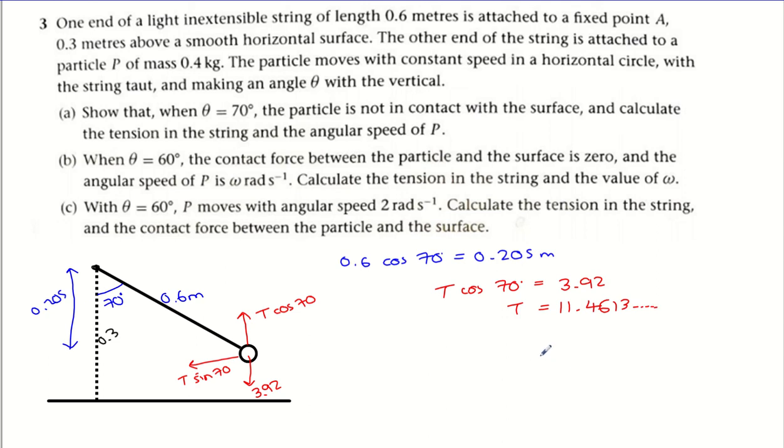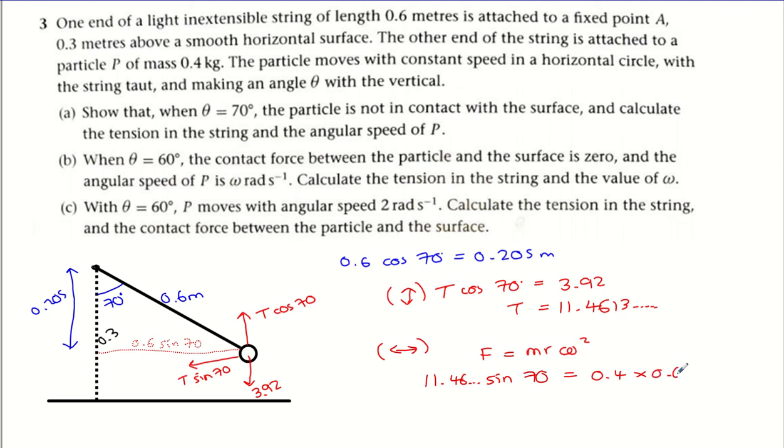And then now we know what t is. If we work horizontally, so that was vertically, so working horizontally now, I'm going to use F equals mr omega squared again, because we're supposed to be finding the angular speed, which is omega. So mr omega squared, so that's our 11.46 number. So if you've left it on the screen, 11.46 sine 70 is equal to 0.4, which is the mass, times 0.6 sine 70, and I'm getting that from the radius here.